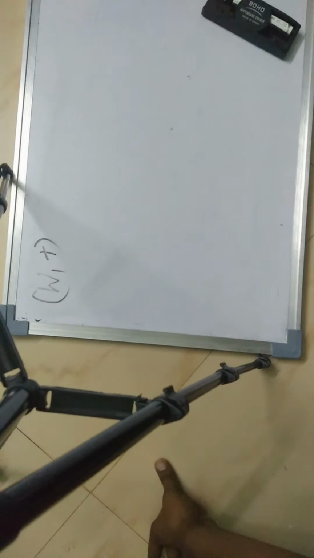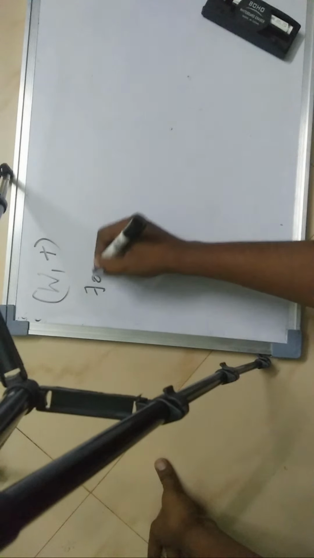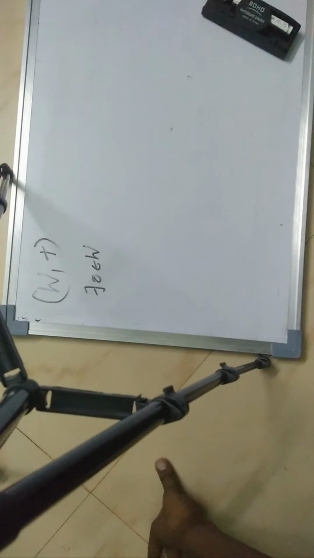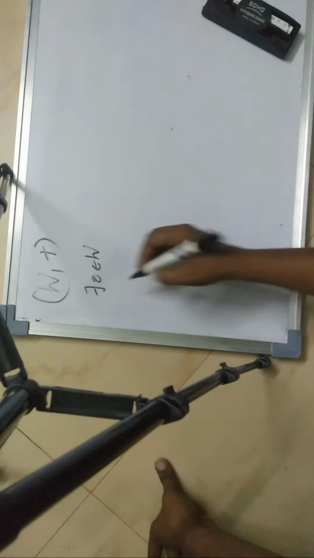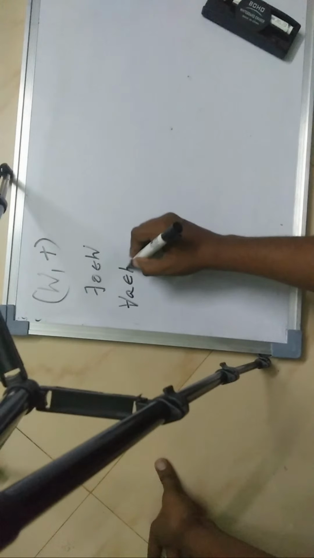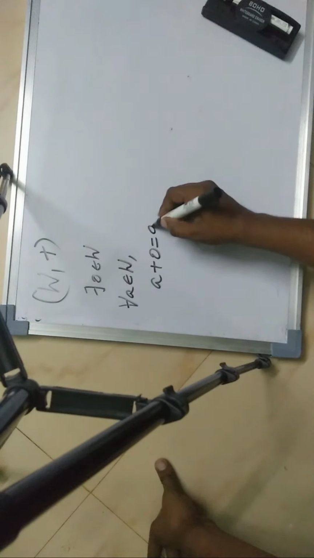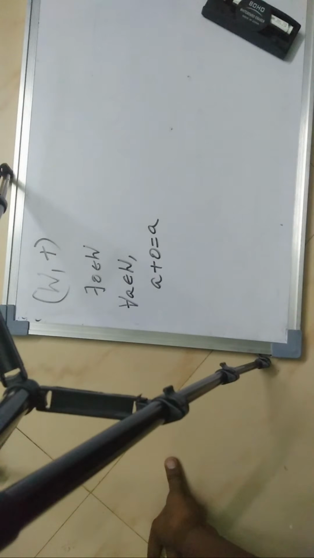Obviously it satisfies closure and associativity, because addition of any two whole numbers is again a whole number, and associativity is obviously satisfied. Now, it has the identity element, that is, I can find an element called 0 in W such that given any whole number, a plus 0 is obviously a, because it is the property of 0 under addition. So we have found the existence of the identity element.